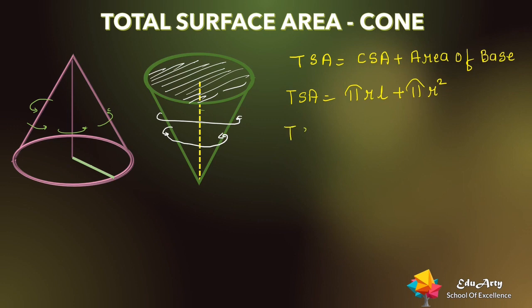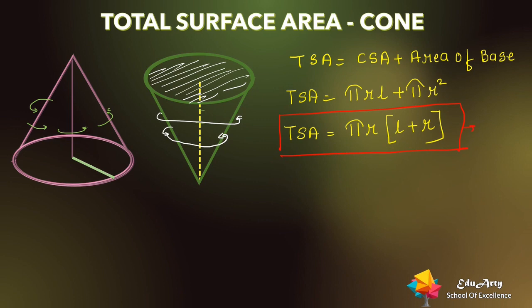So then TSA is equal to pi R common, and inside the bracket you can write L plus R, correct? Why am I giving you like this? Because sometimes they will give you mixed figures, half cone, half circle, half cylinder and all that. So you should know how to bifurcate it, and that is why you should know when you combine two formulas, you can make one formula out of it. So this is your formula to find out TSA.